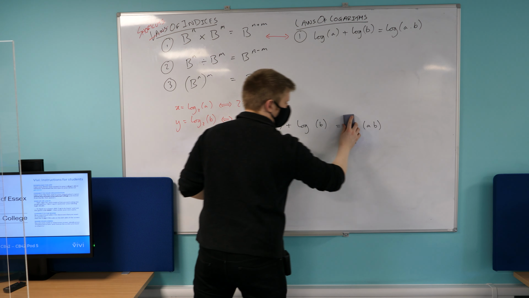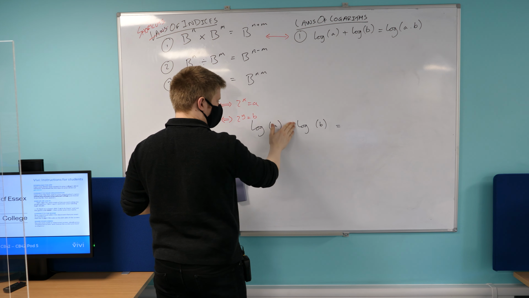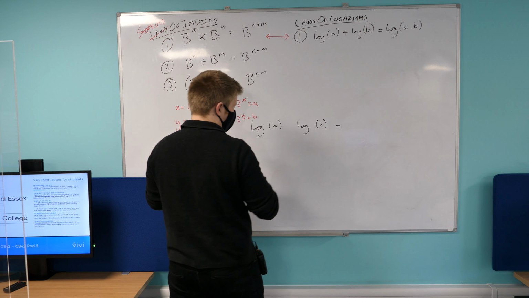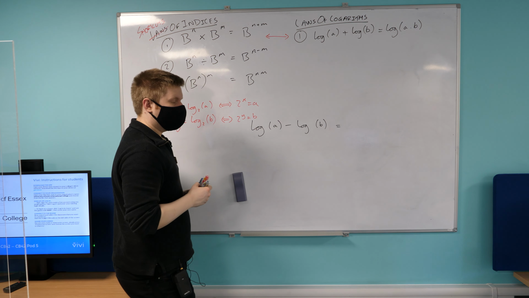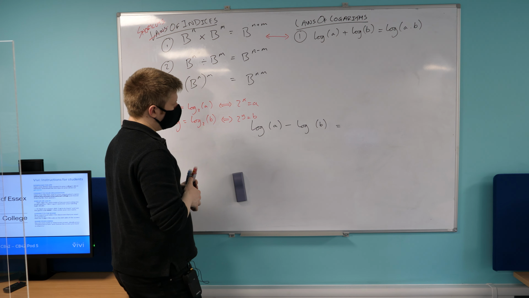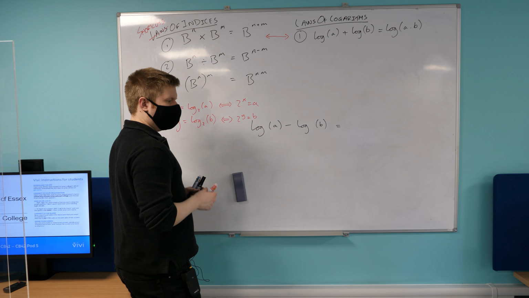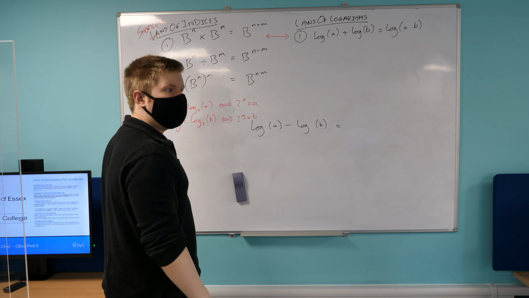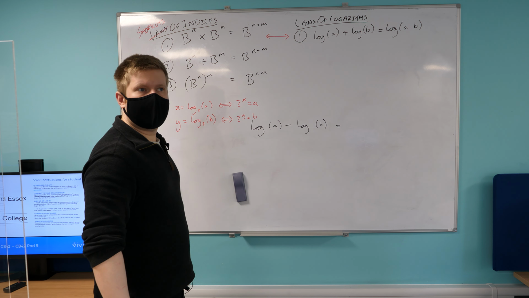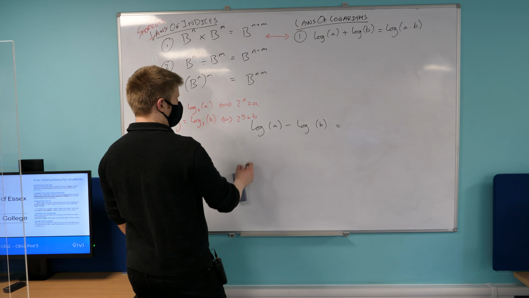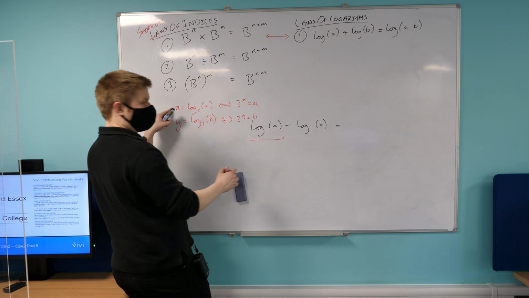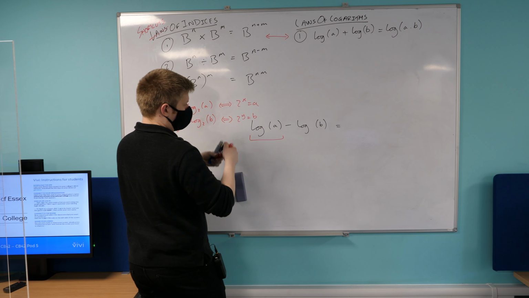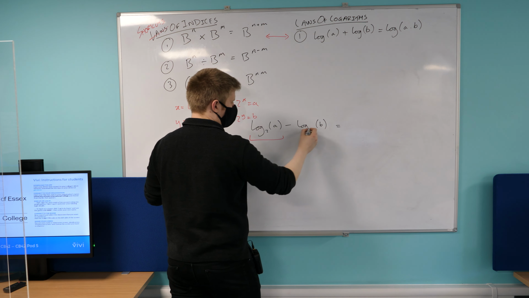All right, fine. So let's do the same thing, but this time swap out the add for a subtract. Now I've got a similar kind of thing to before. That there is just x. I should write the log to the base 2 in again, just to make sure it's clear.